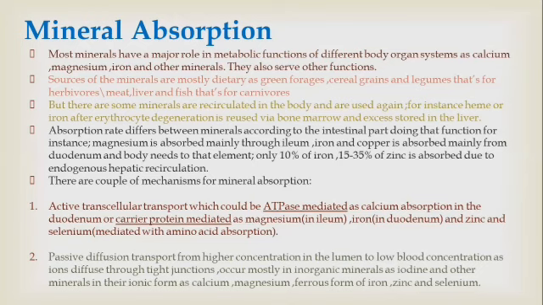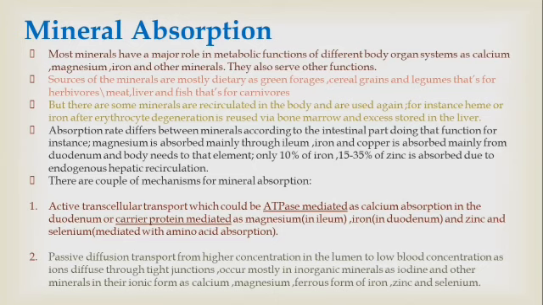Absorption rate differs between minerals according to the intestinal part involved. Magnesium is absorbed mainly through the ileum, iron and copper mainly through the duodenum, and the body takes up only what it needs, like 10% of iron and 15 to 35% of zinc, due to endogenous hepatic recirculation. There are a couple of mechanisms for mineral absorption.